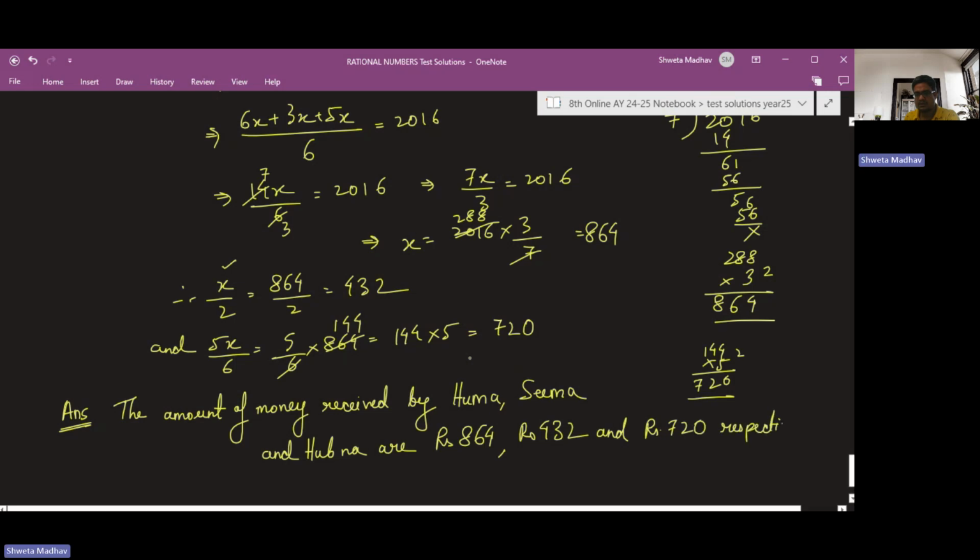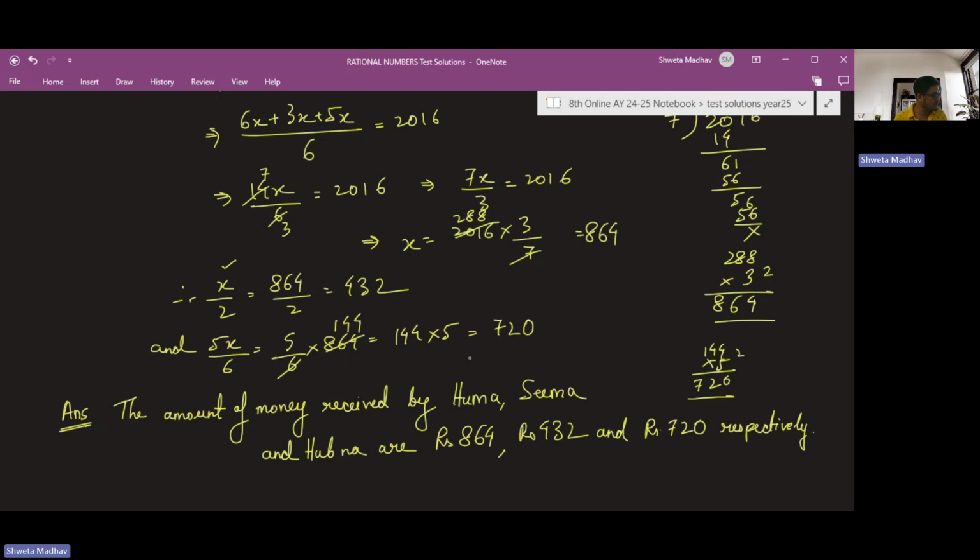So these are the amounts received by the three sisters respectively.